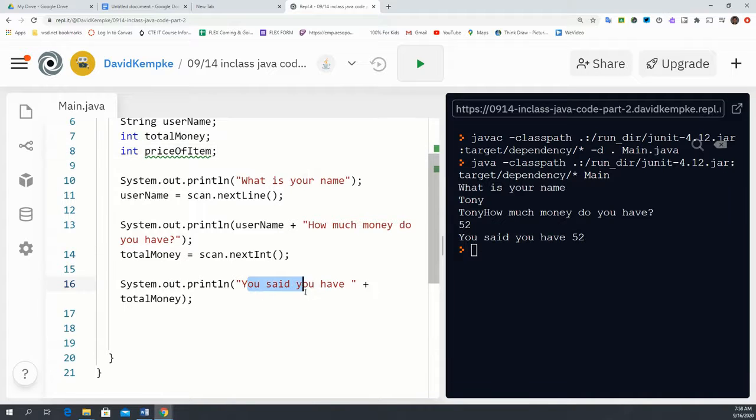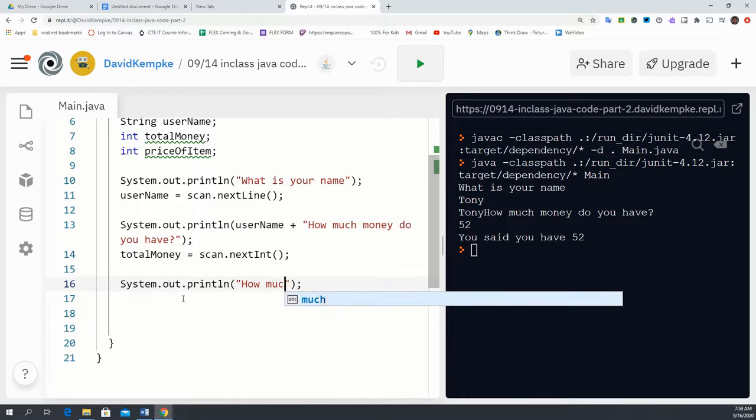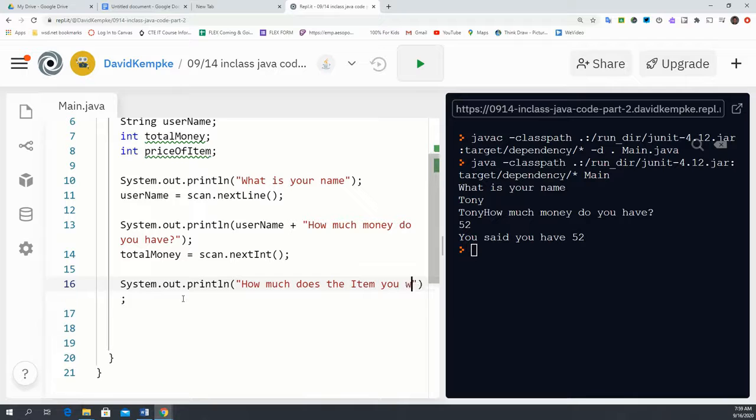So instead of saying you said you have total money, let's ask the user how much does the items you want to buy cost?